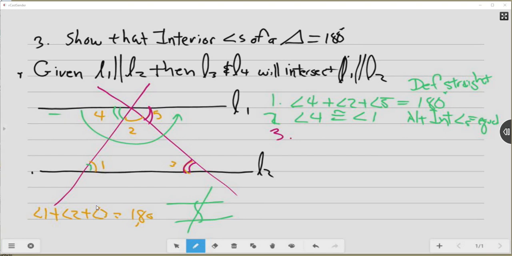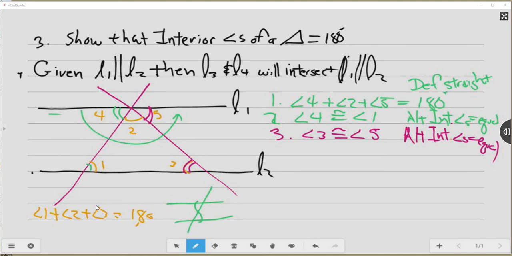So I'm going to argue that angle 3 is congruent to angle what? 3 is congruent to what? There you go. And it's the same reason: what we showed earlier, alternate interior angles are equal. Okay, there we got it.